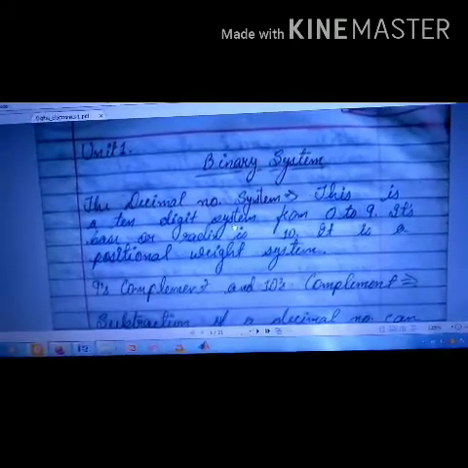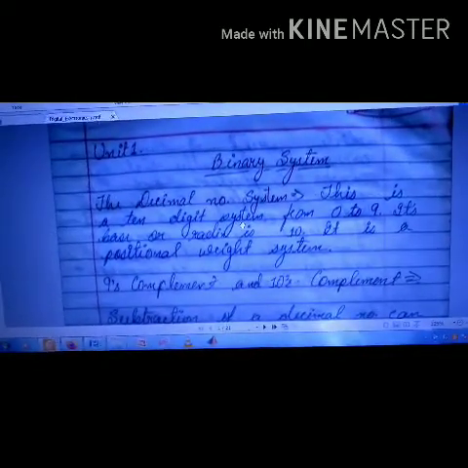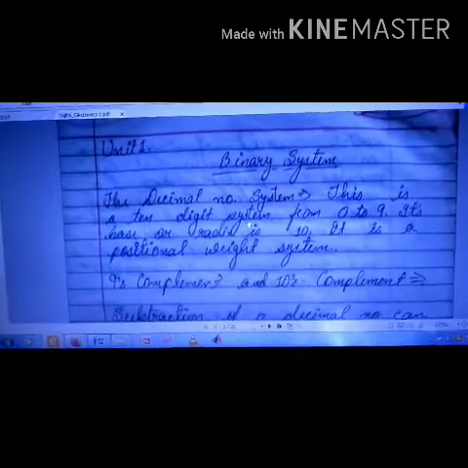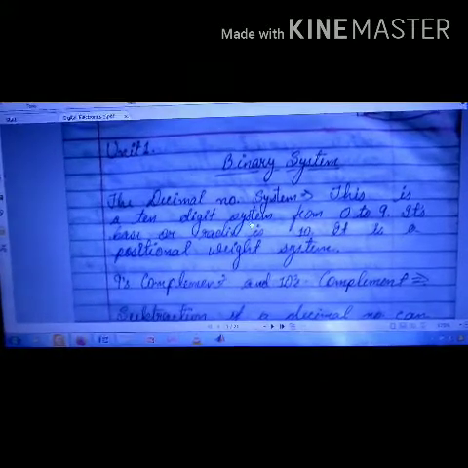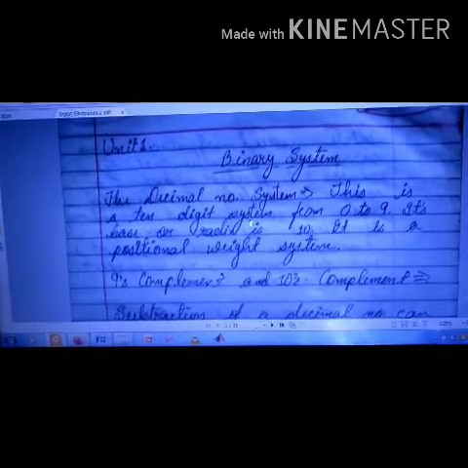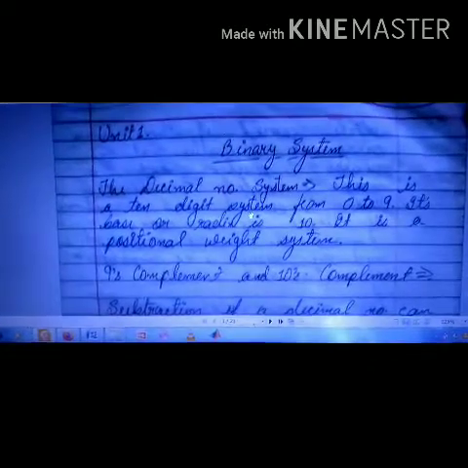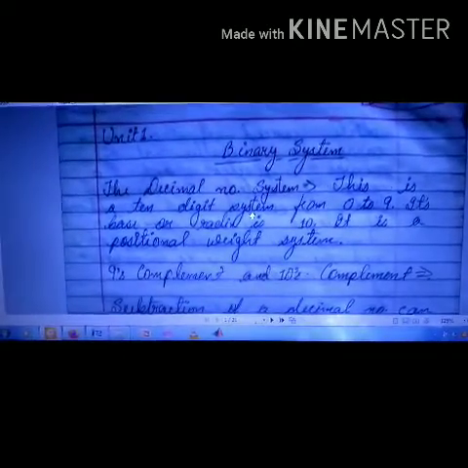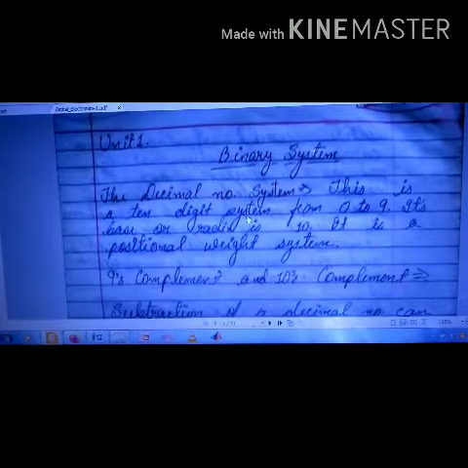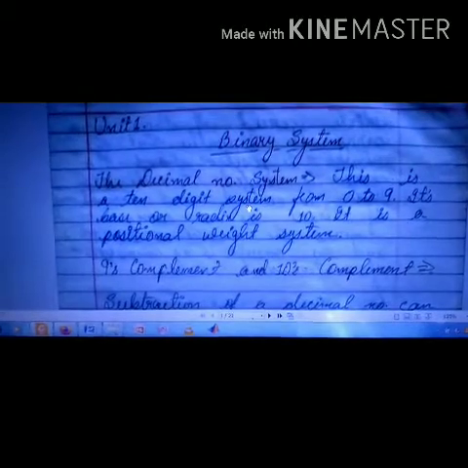Although we can easily handle addition and subtraction in decimal number systems, it is a little bit difficult in binary number systems, where we are using only two digits. So in the binary number system we will be using 1's complement and 2's complement arithmetic. If we study 9's and 10's complement arithmetic in the decimal number system, it will be easier to understand 1's and 2's complement arithmetic. We can correlate the binary system easily with decimal.